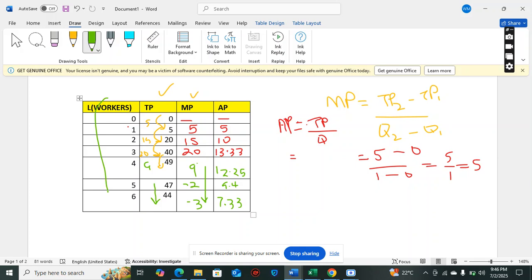Then after that, eventually your total product will reduce. Any questions? Before now we look at the relationship between marginal product and average product.